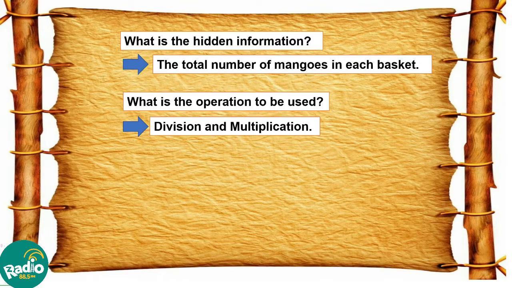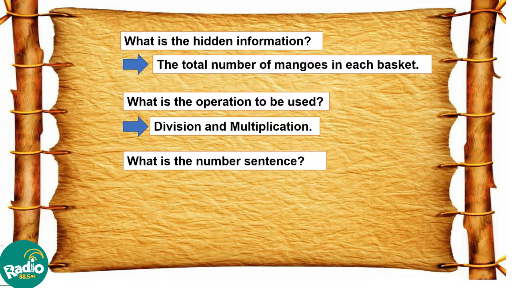We use division to find the number of mangoes in each basket. We use multiplication to find the total cost of a basket of mangoes. So what is the number sentence? Awesome! The number sentence is 11 times 96 divided by 8 is equal to n.